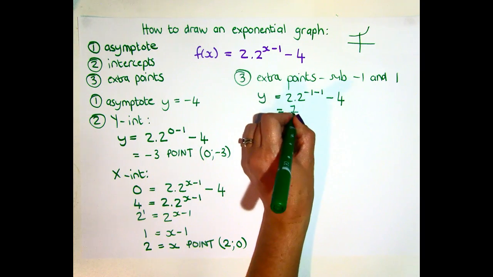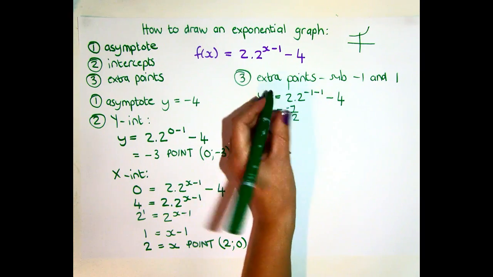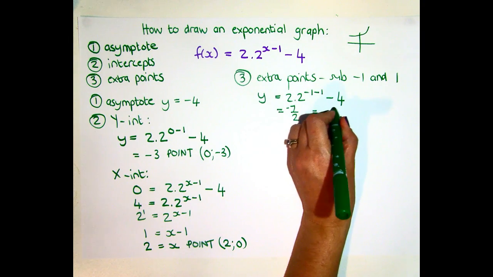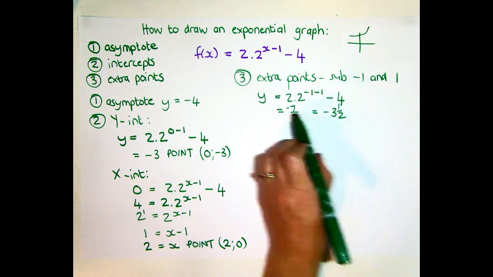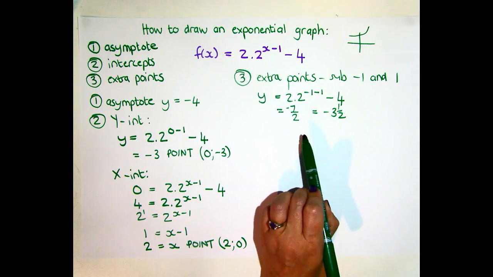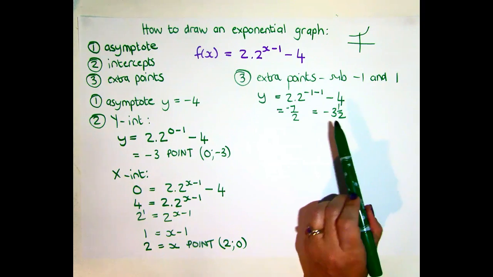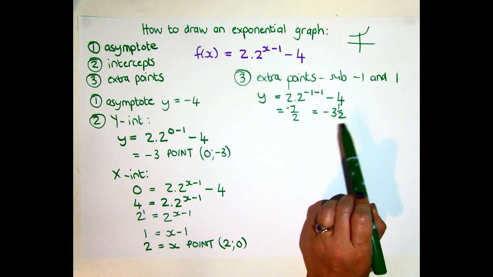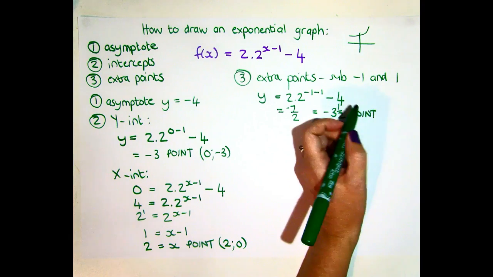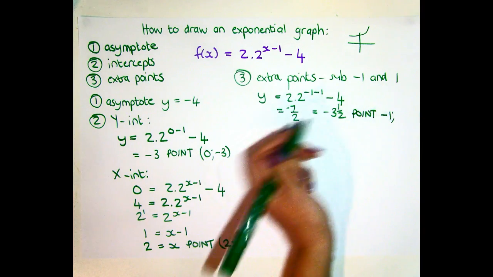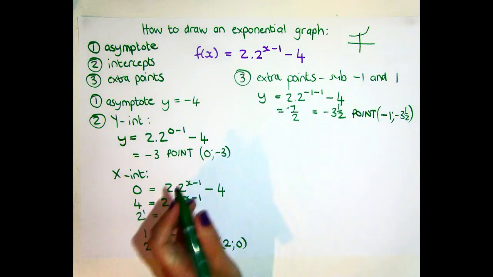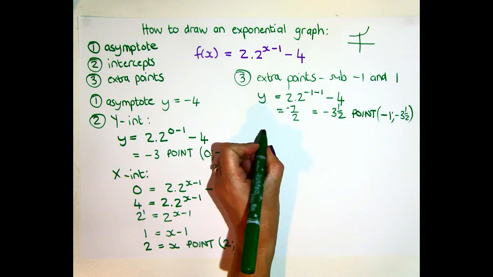Now, why I'm going to write this as negative 3.5 is because it's much easier to plot 3.5 than it is 7 over 2, because my mind is not going to know exactly what that is, but anyone can do halfway between negative 3 and negative 4. This point is the point where x is negative 1 and y is negative 3.5. Write down the point so that you're really clear about what you're going to plot later.